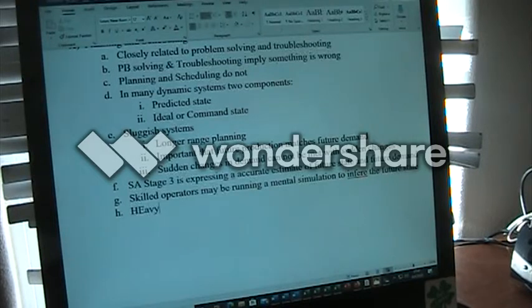We need to note that there are heavy demands on working memory to run an accurate mental model.